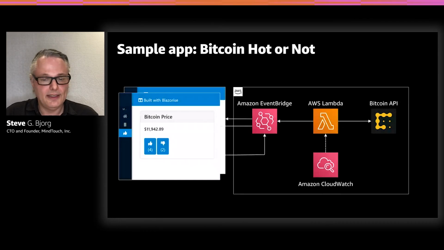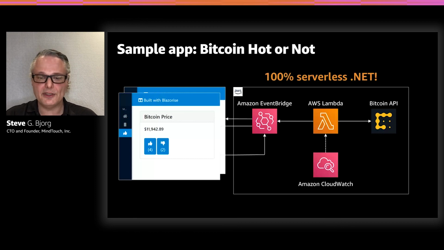So in a nutshell, we built a backend Lambda that fetches the most recent Bitcoin price from an API, publishes to EventBridge. We also built a front end that listens to those prices and publishes its own votes that then other instances of the same application can listen to and react to, in this case by tallying the votes. And we did all of it by having absolutely no server back-end components.